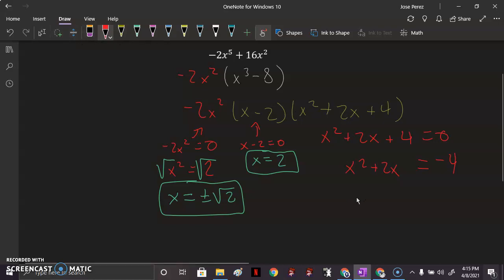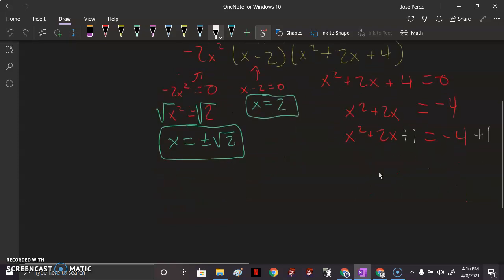Now, what can we do after this? We take x squared plus 2x, divide the 2x by 2, we get 1, and then square it, so we get 1, because we just completed the square, equals negative 4. And we're going to add a 1 on this side as well.